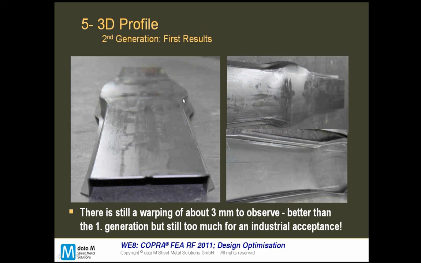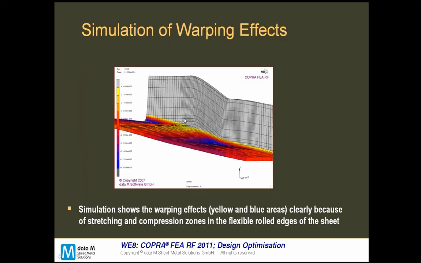In the simulation also we can see this kind of behavior. And the tricky thing, of course, is how we can get rid of these problems. But that's up to the know-how of the company itself.